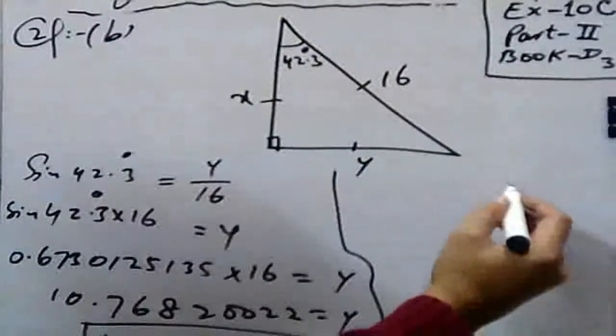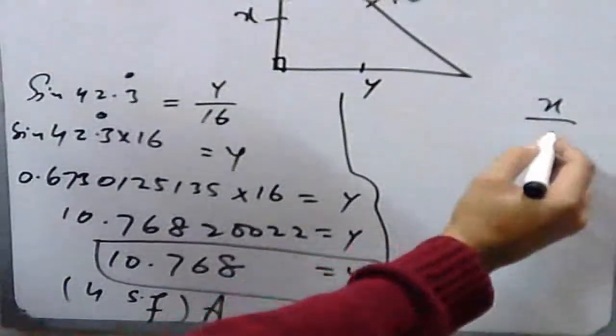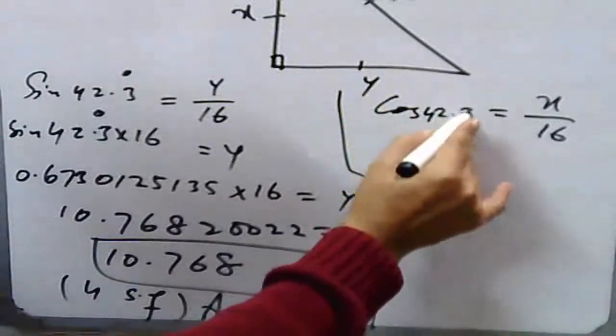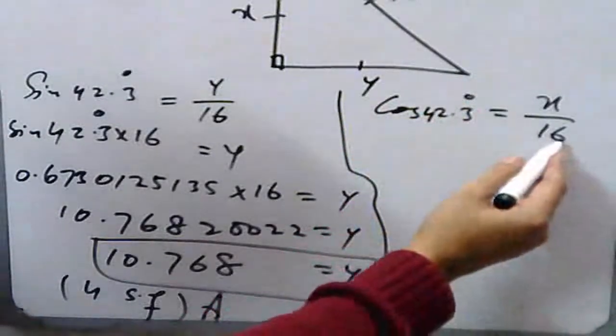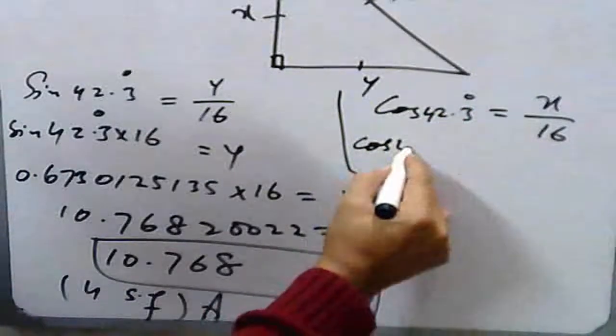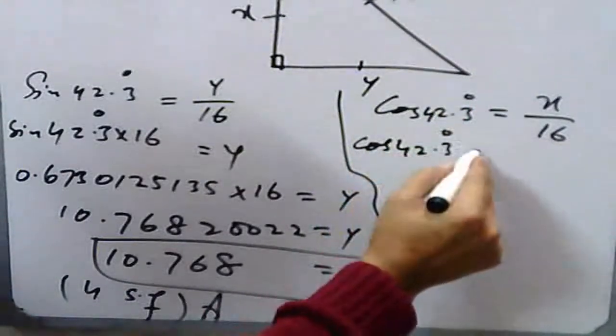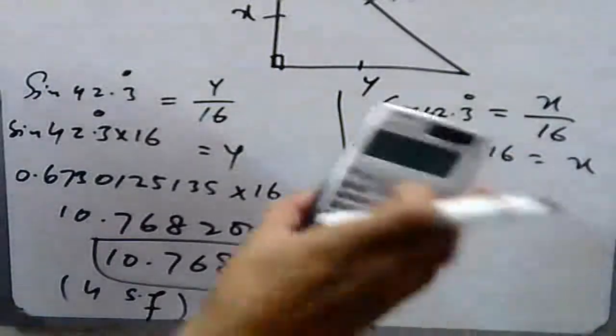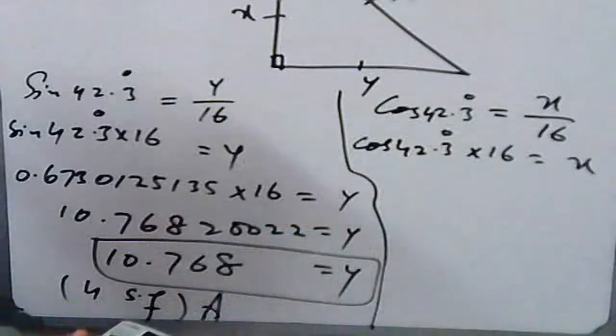Now you have to find the value of x also. How can you find it? When you take this, that is your adjacent side. We know that adjacent by hypotenuse will give you cos 42.3 degrees. You need the value of x, so by using cross multiplication you will get x.